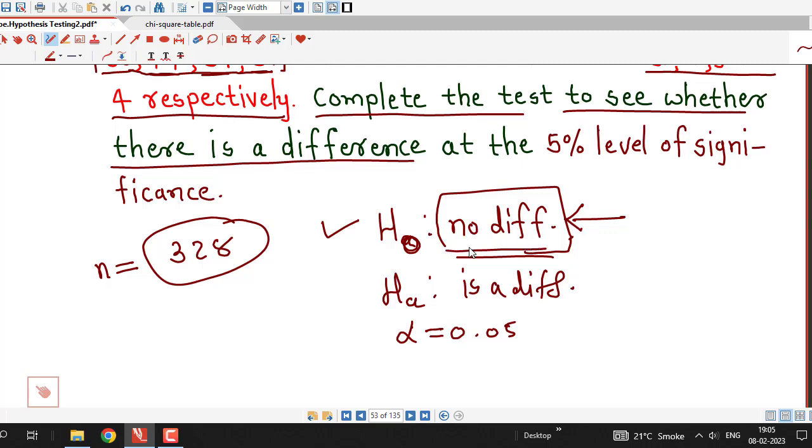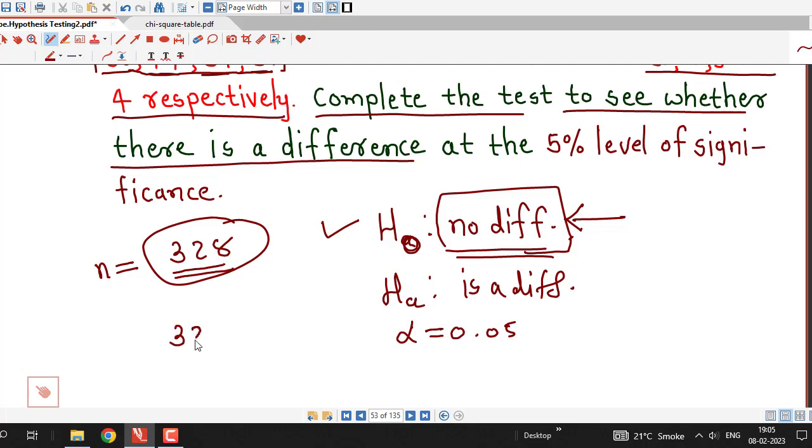So we start by assuming the null hypothesis is correct. If there is no difference in the popularity of the 4 movies, that means all the 4 movies are equally popular, or the number of customers who viewed each movie must be equal.